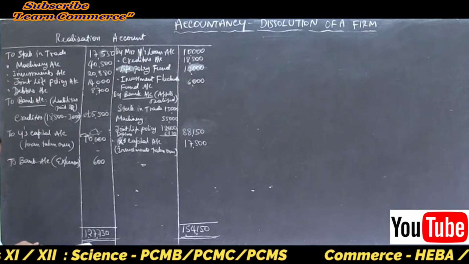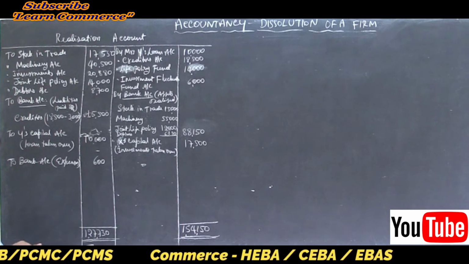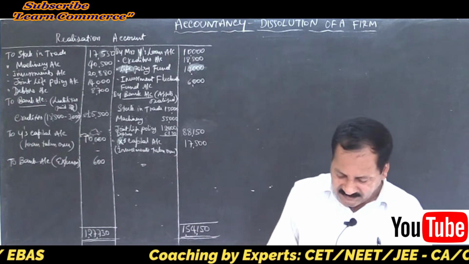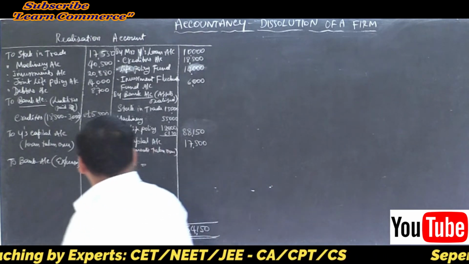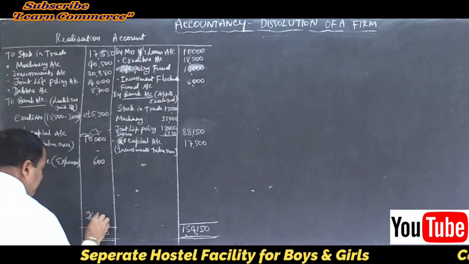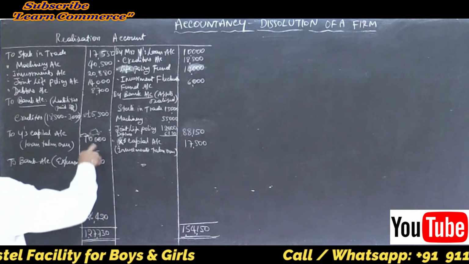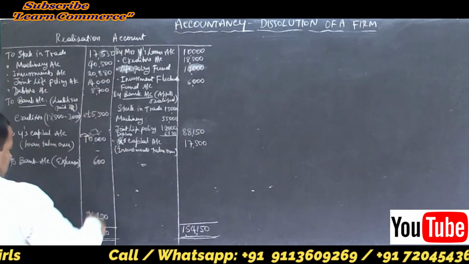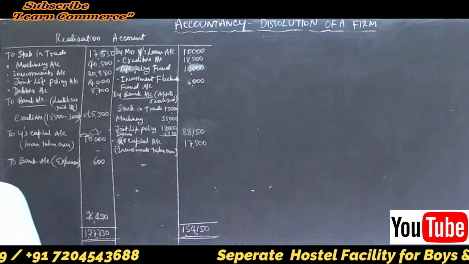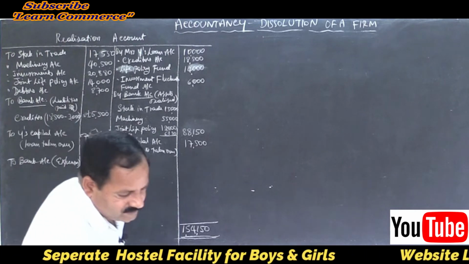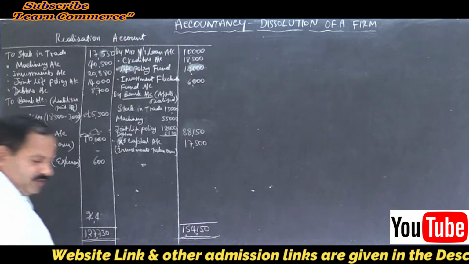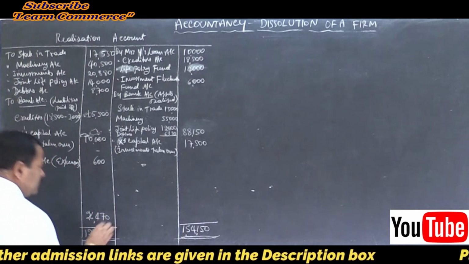Find out the difference. Minus 154,150. 26,420 is the difference. Is that correct? No, 26,400 is the difference. Check once.